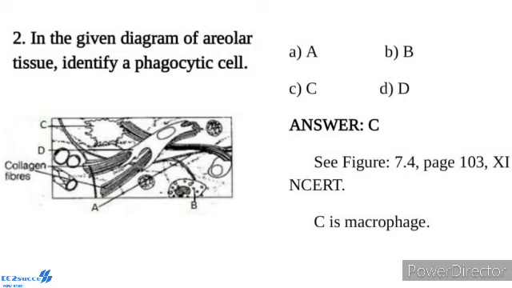Serotonin is a vasoconstrictor. It stops bleeding and raises blood pressure. So the correct answer is option C. C is macrophage.